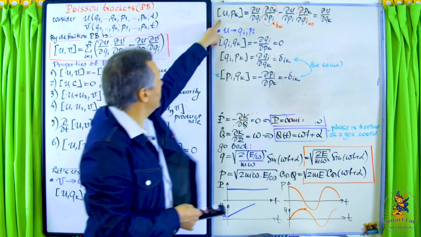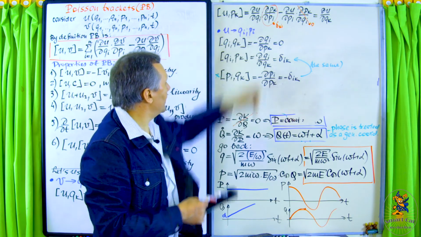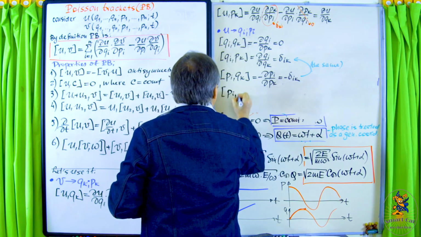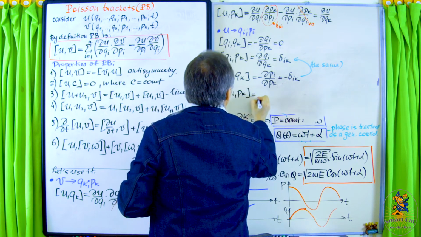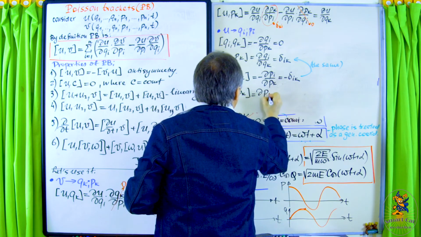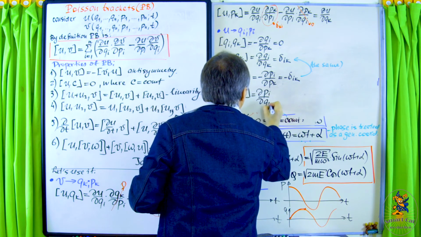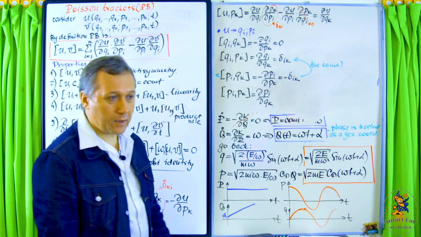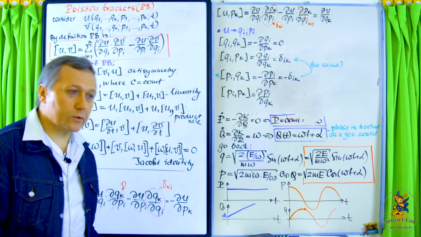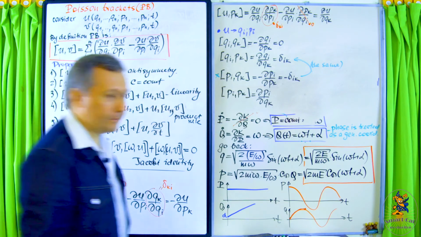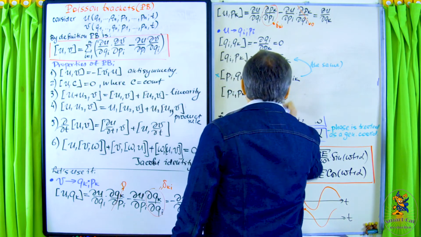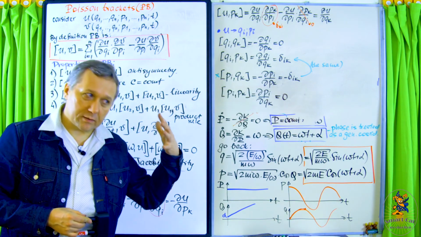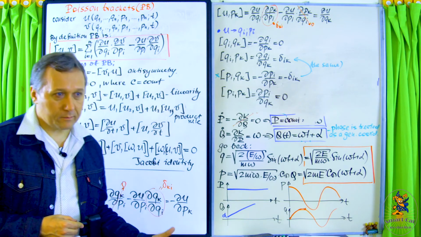So now let's apply this Poisson bracket with pi. Right, so pi, pk will be equal to the partial derivative of p sub i with respect to qk, 0. Again, these guys are linearly independent in the Hamiltonian formalism. Again, you see, if you take two generalized momenta, 0.